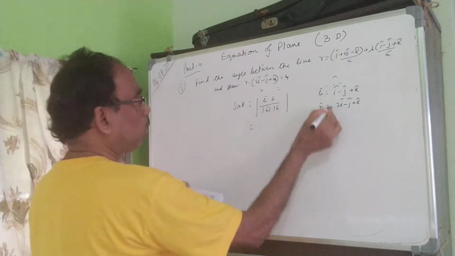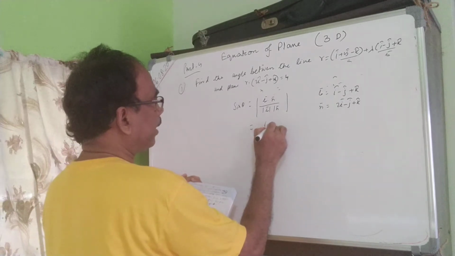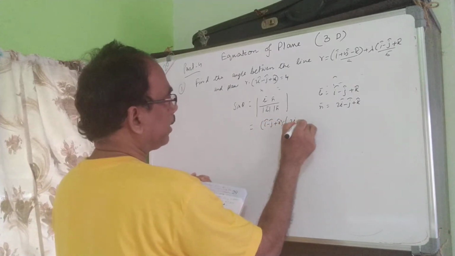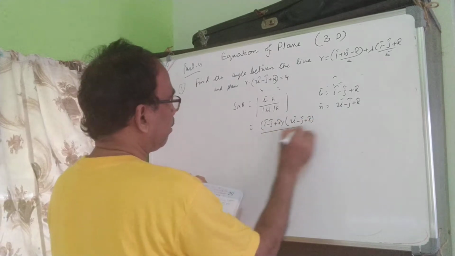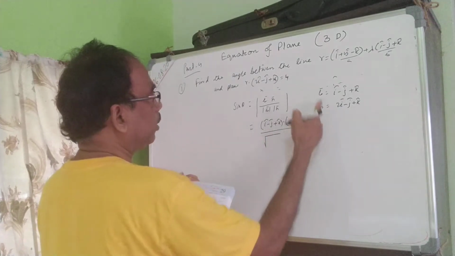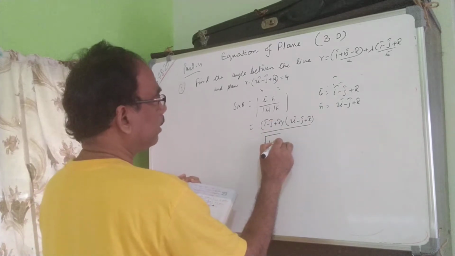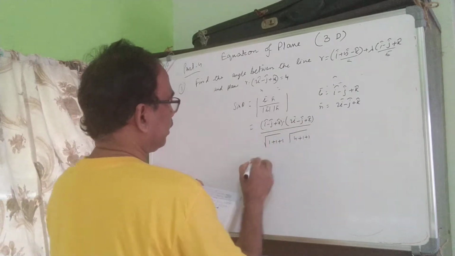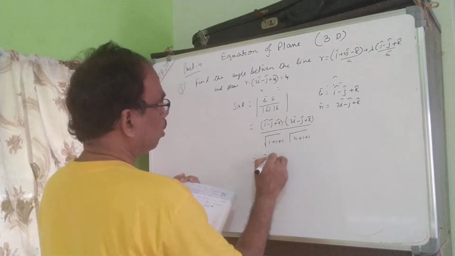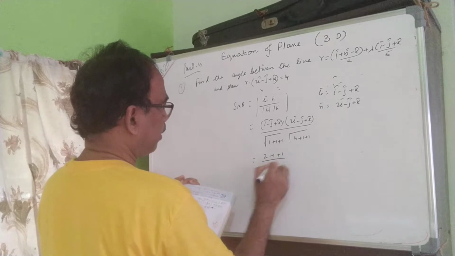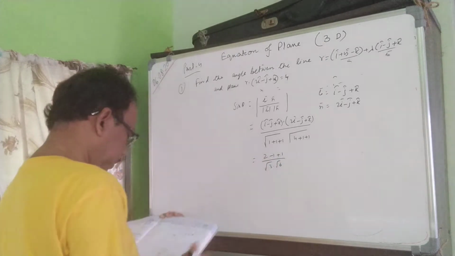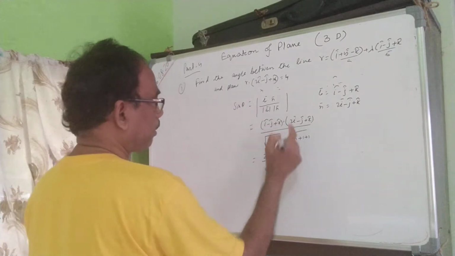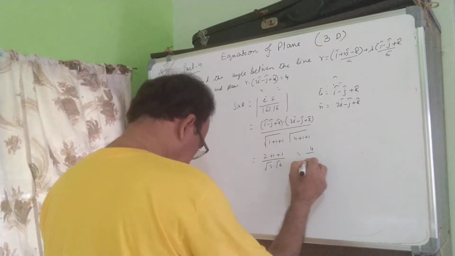Put it here: b dot n, that is i minus j plus k dot 2i minus j plus k, by mod b into mod n, that is root of 1 plus 1 plus 1 into root of 4 plus 1 plus 1. The dot product is 2 plus 1 plus 1, that is 4, by root 3 into root 6, that is 4 by root 18.